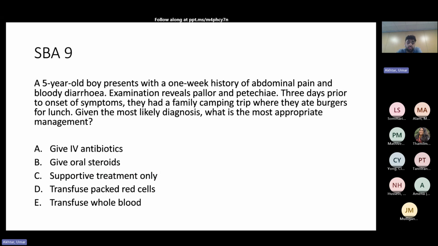So first, you've got to think what the most likely diagnosis is, and then following on from that, what is the most appropriate management?